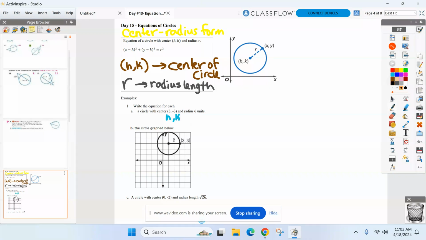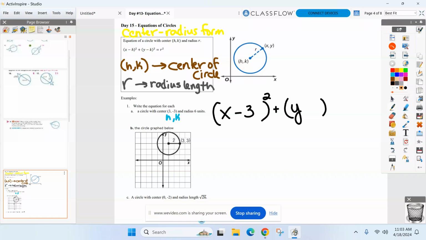All right, so let's start with the first set of parentheses. Inside will be x minus the h value. What's our h value here? 3. So it's (x - 3) squared. Plus, okay, we've got to do a little mathematics here. y minus the k value.